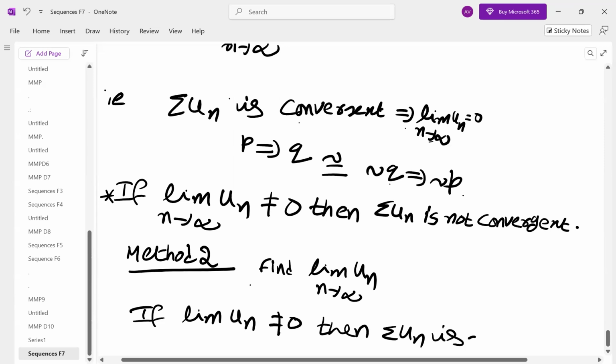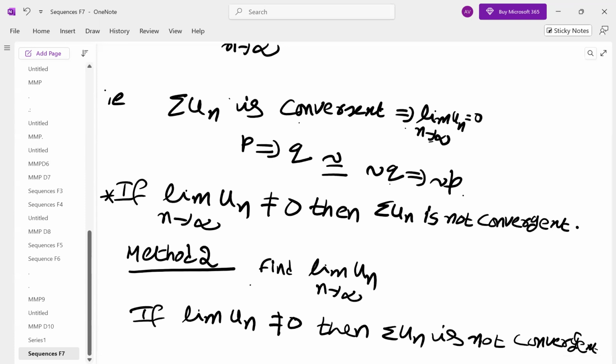Not convergent does not mean divergent. Please note, it may oscillate finitely, infinitely, and so on. Some students think not convergent means divergent. Among options, you will be given not convergent, not divergent, divergent, none of these.